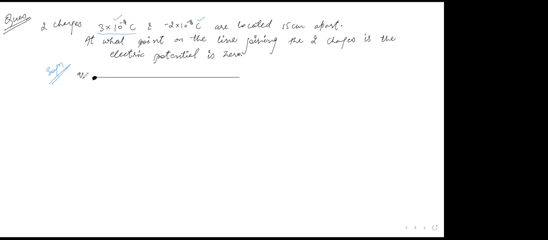This is your Q1, can be taken as 3 into 10 raised to the power minus 8 coulomb. And this one is your Q2, which is your minus of 2 into 10 raised to the power minus 8 coulomb. Okay. And these two charges are located at 15 centimeter apart. Okay. So you can take this separation is of 15 centimeter.